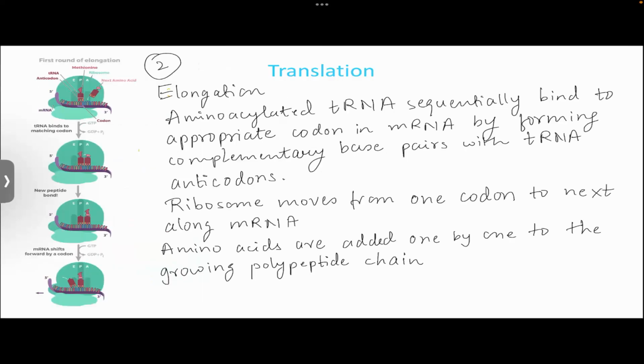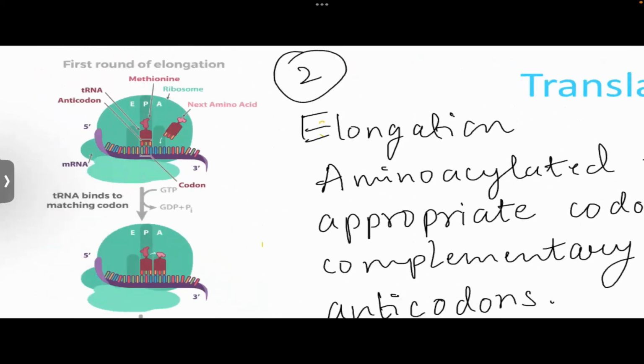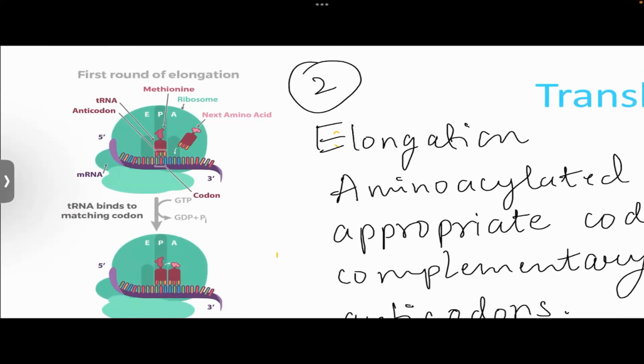Next is the elongation step. Now this is the mRNA, and it has codons. If this is the first codon, the start codon AUG, to which the initiator tRNA is bound, now at this end there are two sites.